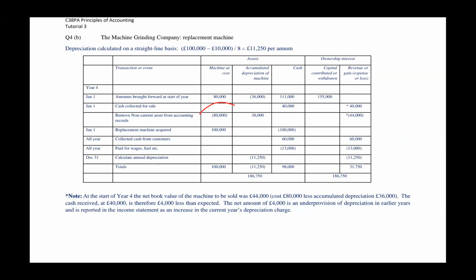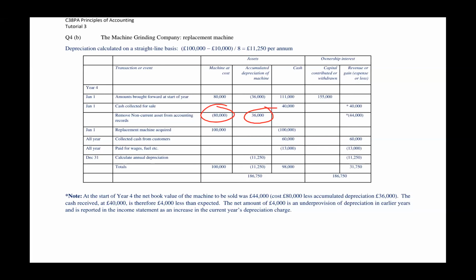The 80,000. Remember I said that the non-current assets are always quoted at what? At cost. So you deduct the cost because you have removed the non-current asset. The accumulated depreciation is 36,000 from the previous period.